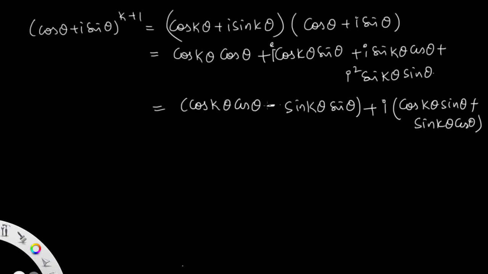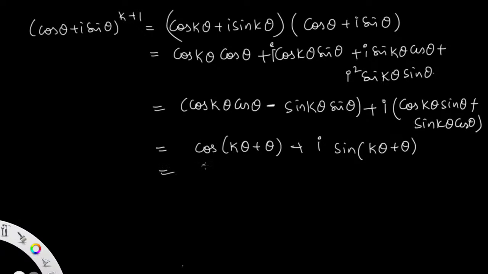So this is in the first year trigonometry form: cos A cos B minus sin A sin B, that is cos of A plus B, so cos of k theta plus theta. And sin A cos B plus cos A sin B is the form of sin of A plus B, that is sin of k theta plus theta.